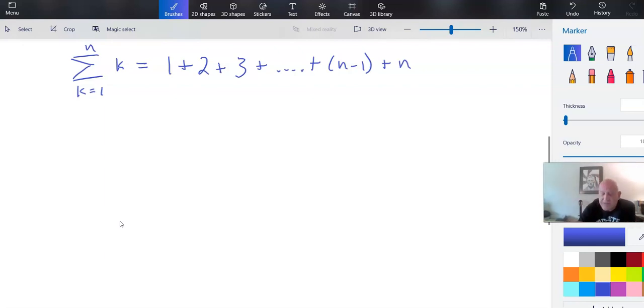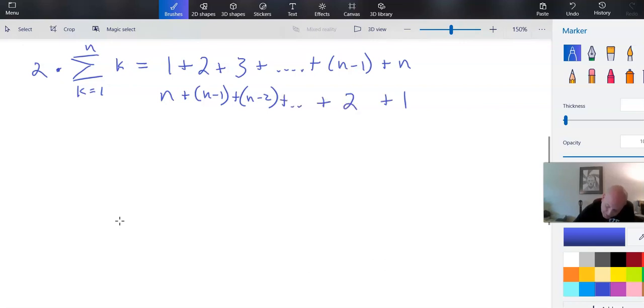Now, some of you may have seen this before, but it turns out if I decide to multiply this by 2, right, that's the same as adding it to itself. And since we can add in any order we want, I'm going to add it this way. And then at this end, it'll be plus 1 and plus 2, and so on.